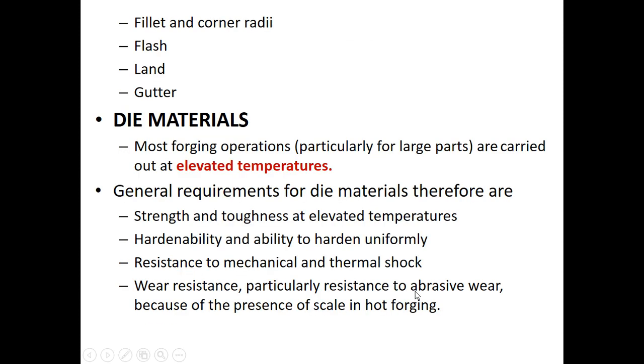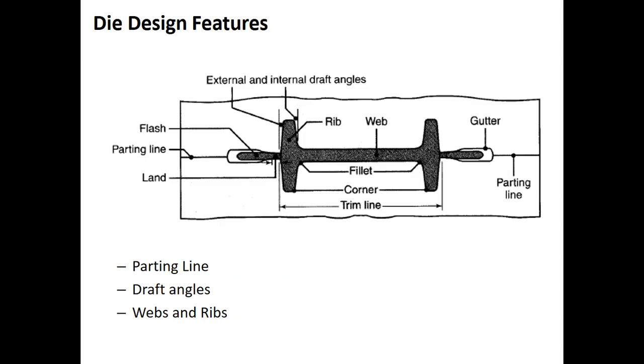Next we can see what you mean by a fillet and corner radii. Again, if you look at the diagram, the selection of proper radii is very important, in order to ensure the smooth flow of the metal into the die cavity.